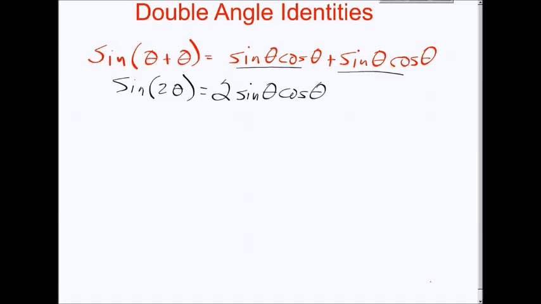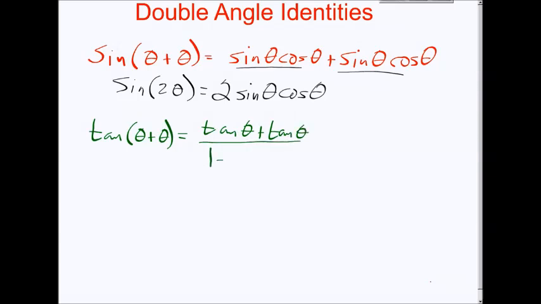Next, we look at the same idea with the tangent of theta. So if we have the tangent of theta plus theta, according to our formula from the previous section, we have the tangent of theta plus the tangent of theta over 1 minus tangent theta tangent theta.